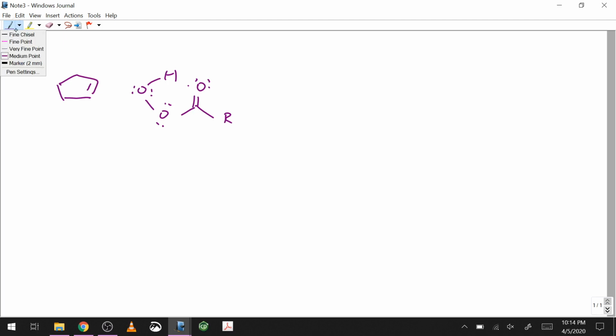I think I'm even going to change the pen color for this, if I can figure out how. First, this proximity of the hydrogen to the carbonyl group is a 5-membered ring. If you count it off, the oxygen of the carbonyl group, 1, 2, 3, 4, 5. That's a reasonable suggestion that something there could be involved, and it turns out that it is. So here's what's going on.